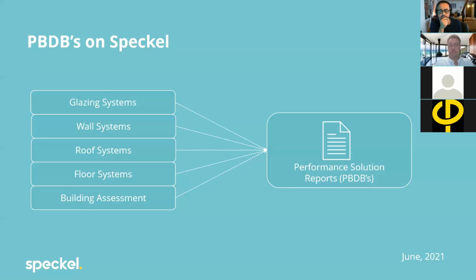Because ultimately, if it's a JV3 assessment, it's a performance solution, and the building surveyor is going to have to satisfy themselves as to the qualifications and experience of the person providing the report. So I guess there may be an element of that required at the end of the day.